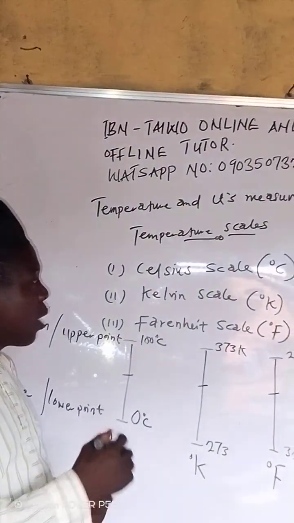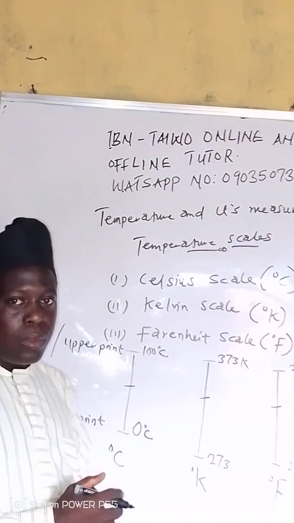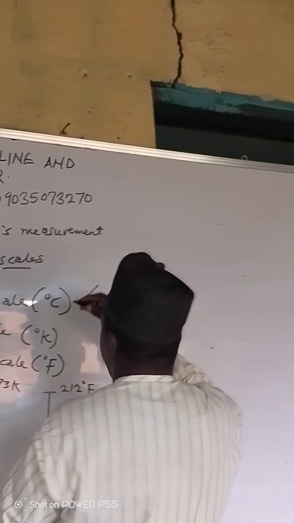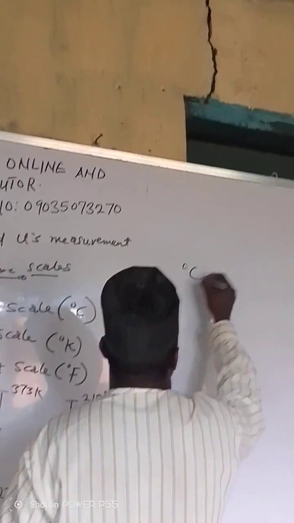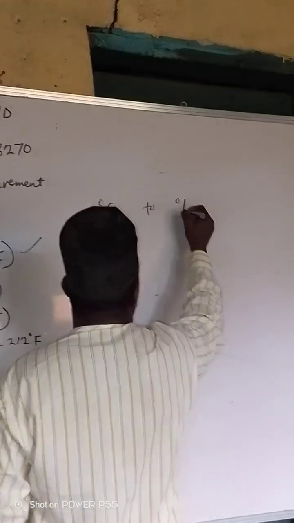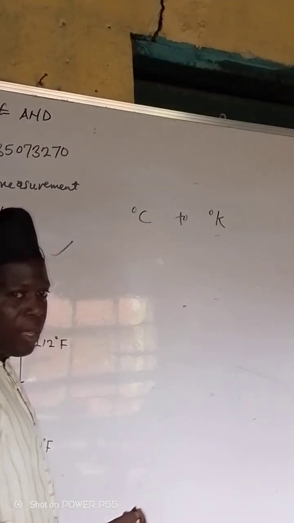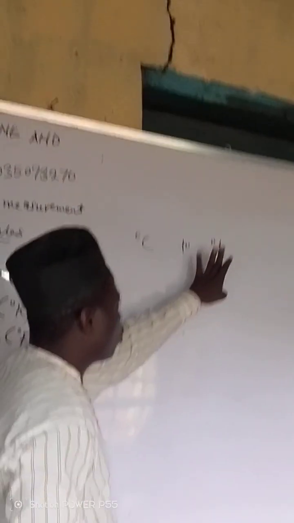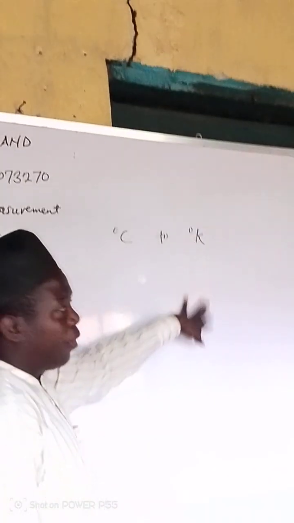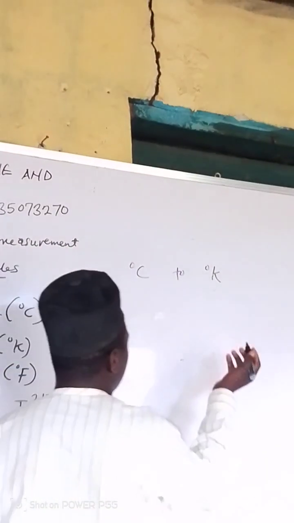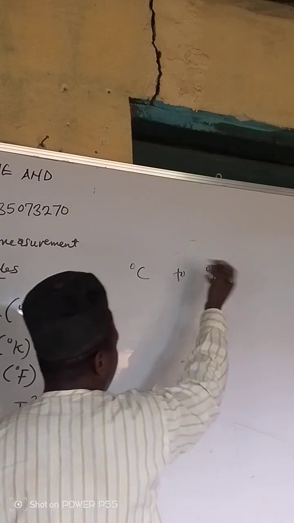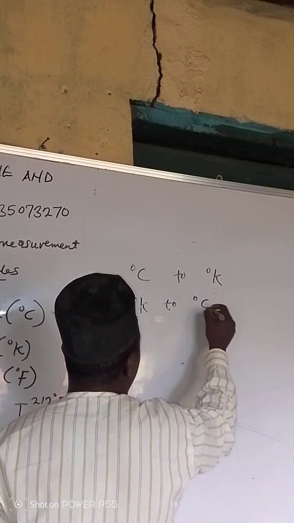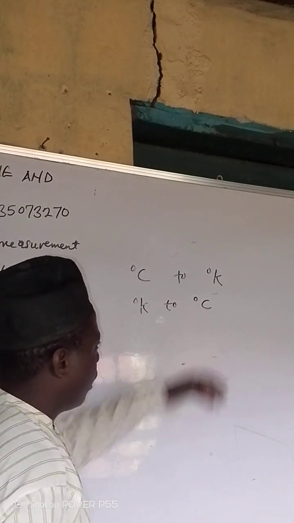Now let's talk about the conversion between degree Celsius and degree Kelvin and vice versa. Vice versa means going back from degree Kelvin to degree Celsius.